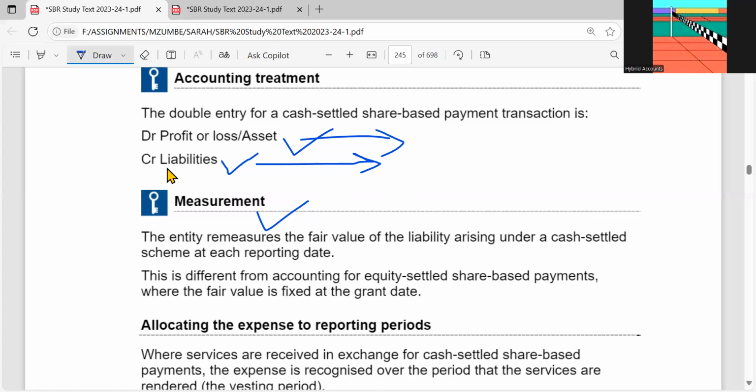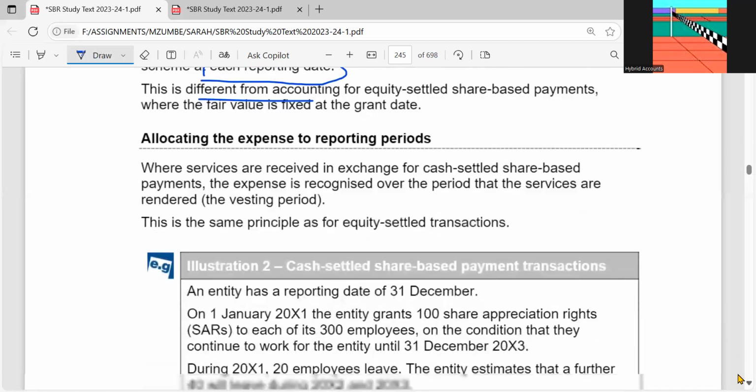We'll be dealing with the one at the end of each period. For equity settled, we consider the value at the beginning of the period, but for cash settled, we consider the fair value at the end of each reporting date, which is different from equity settled.